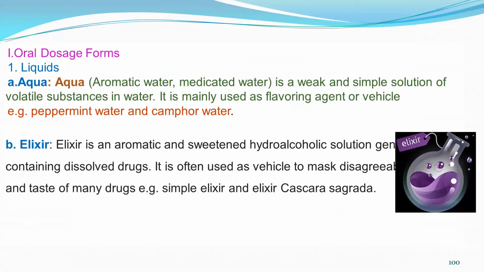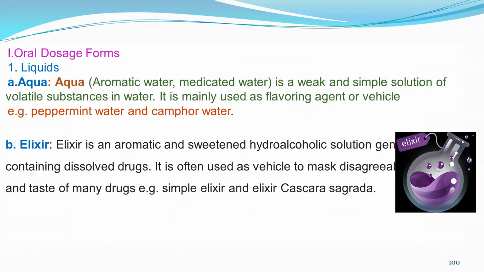Now we will go into detail about each dosage form, especially the oral dosage forms. The first one is the liquid, as we have already dealt with. In the liquid, there is one dosage form known as aqua, meaning aromatic water.